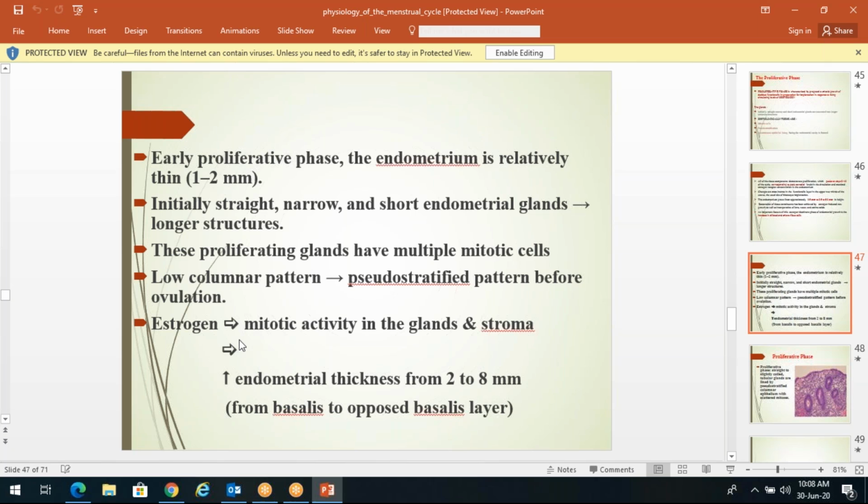With the effect of estrogen, there will be increased mitotic activity in the glands and the stroma, which causes a pseudo-stratified pattern developing in the endometrium. So there will be an increase in the endometrial thickness. It will become from 2 to 8 mm, from basalis to opposite basalis.